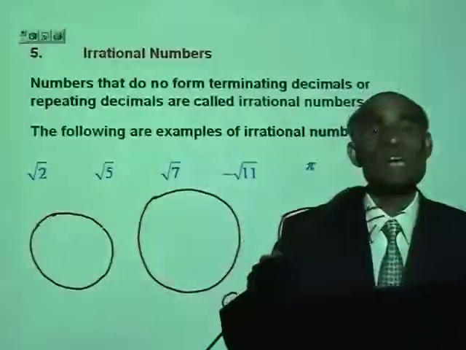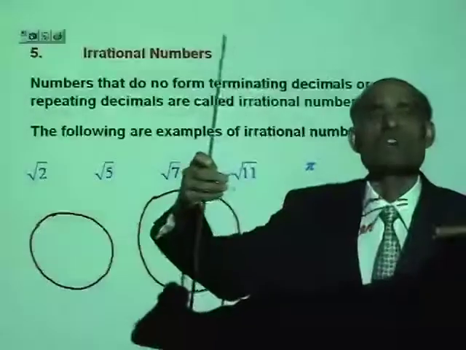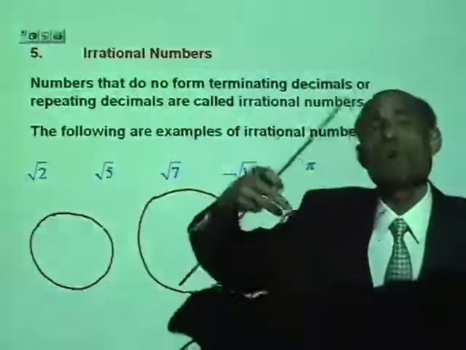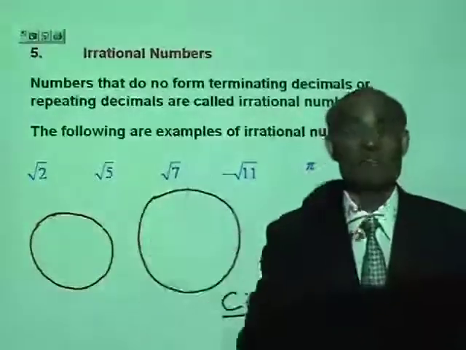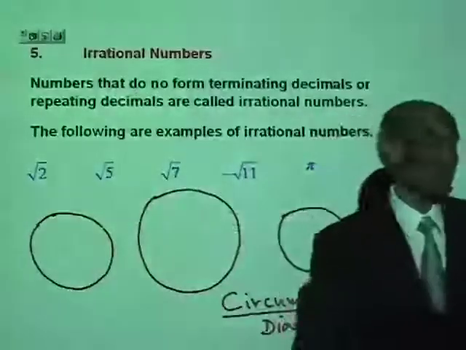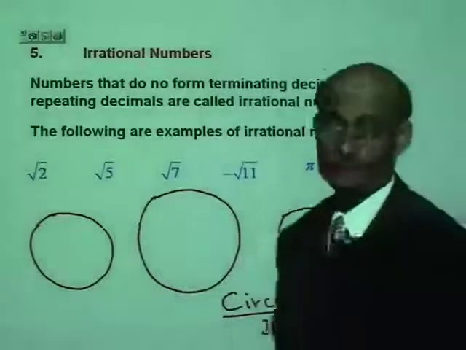When you put it in your calculator, it doesn't show any predictability, no termination, no repetition. It will go on and on and on without any pattern. Now, such numbers are called irrational numbers, and these numbers show no sign of predictability.